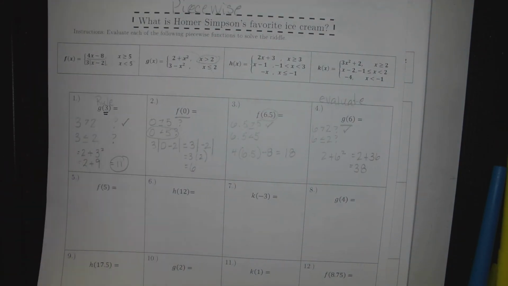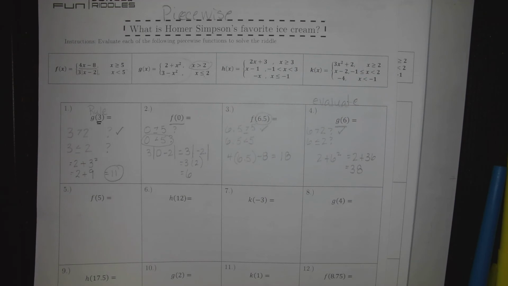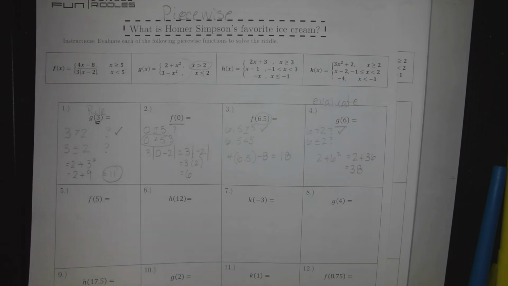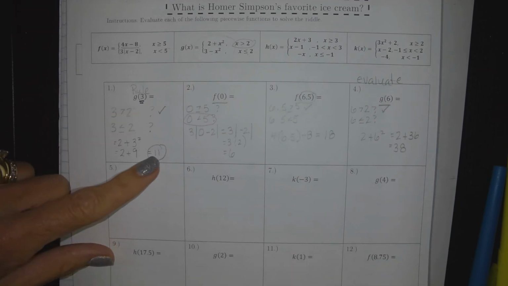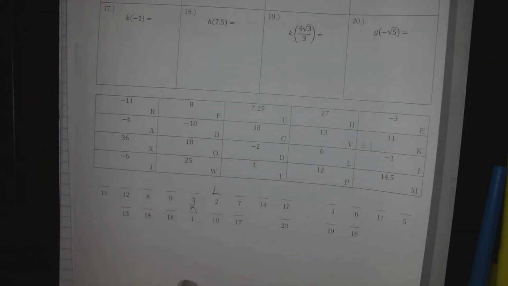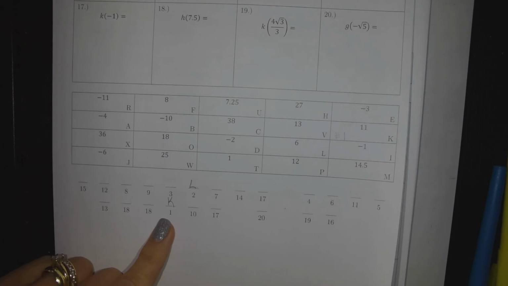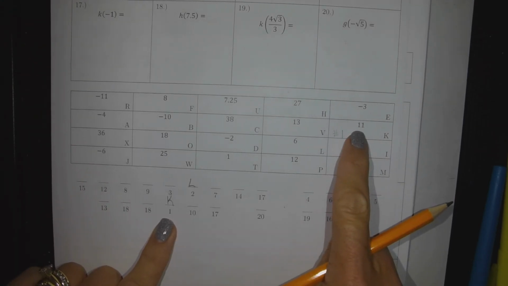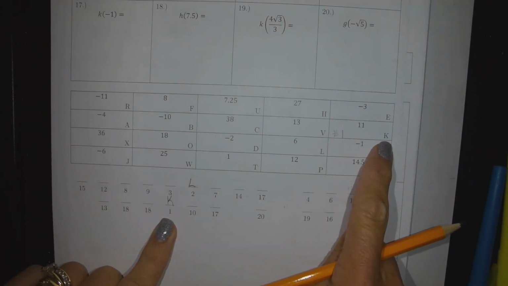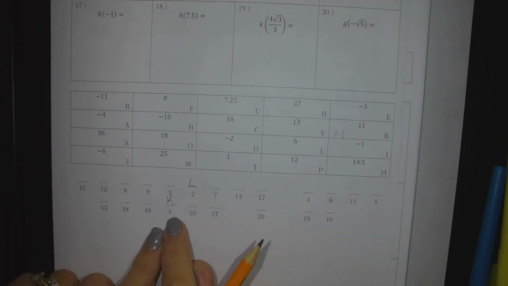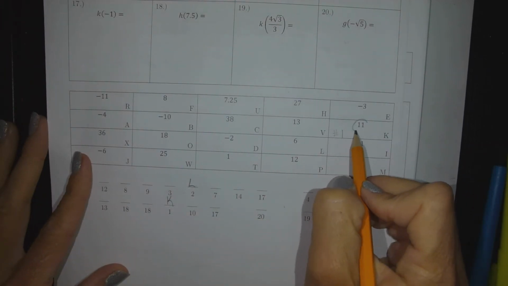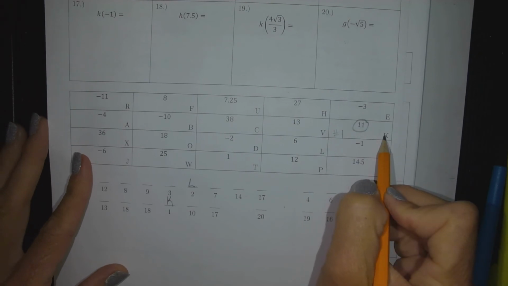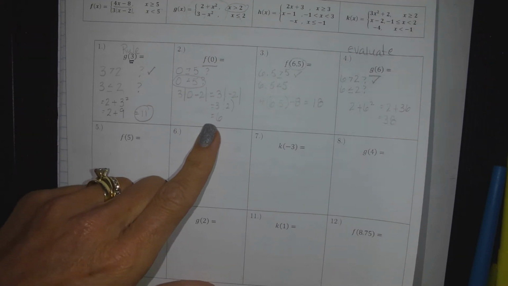Let me explain the riddle, okay? So I figured it out real quick. Number 1, the answer was 11. So down here, number 1, I need to find where my 11 falls in, and there's my K. All right, so number 1, the letter is K. So the answers are here. There's my letter. All right, so number 2, my answer was 6.